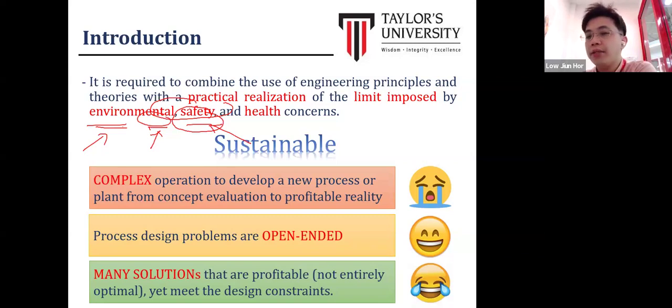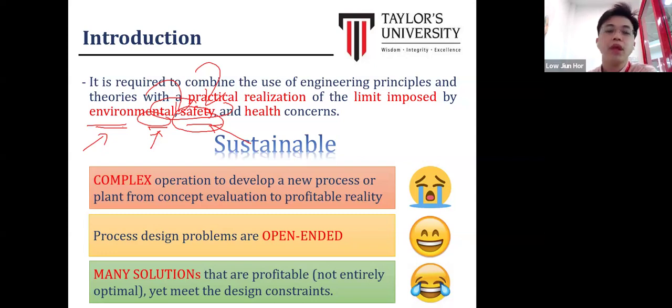Practical realization means the chemical plant that you are going to design can really be constructed in the industry and safely operated in order to produce the product that you want. This is what we call practical realization. In other words, we need to make sure the design that we come out with is practical enough and can really be practiced in the real world situation.